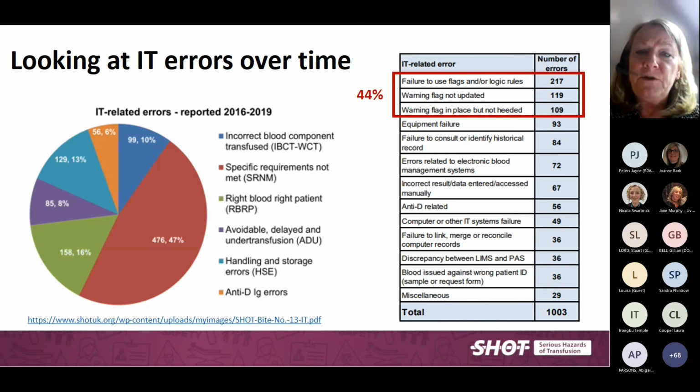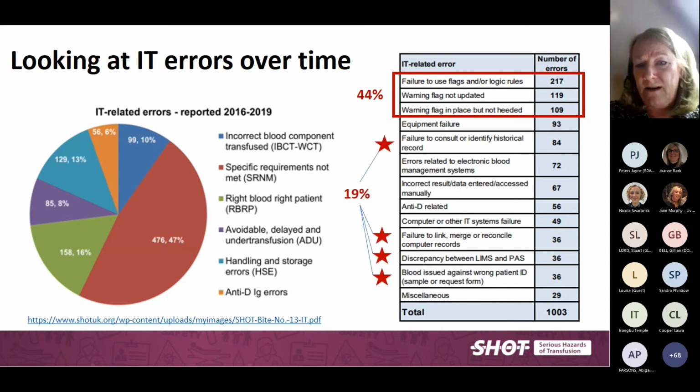But if you look here, 44% of all of these errors are due to the flags, alerts, and warnings that we have in place. So it may be that the flags are not used or not set up. It may be that the flag is in place but hasn't been correctly updated and is not correctly reflecting the clinical situation, or that the flag does work but it's heeded and overridden in some way.